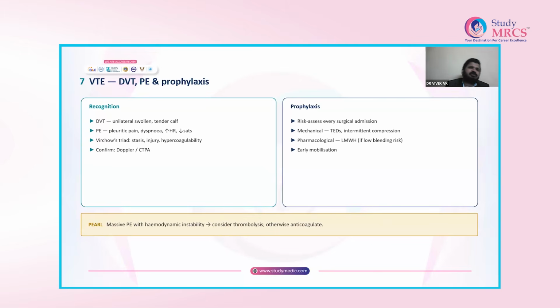In a post-operative patient, you have to think about pulmonary embolism. So how will you confirm a case of deep venous thrombosis involving the limb? Obviously, you can consider the Doppler scan. So how will you confirm the pulmonary embolism? You have to take the CT pulmonary angiogram.